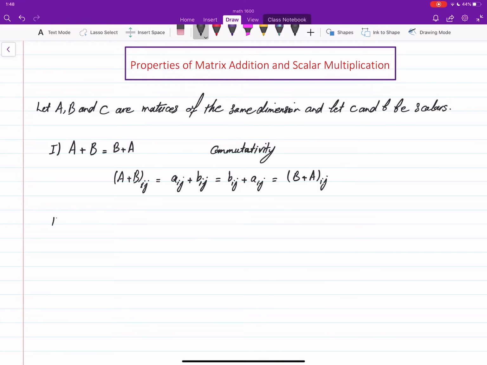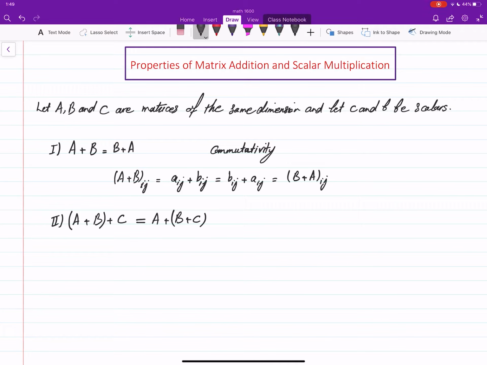So that's the first property, and then the second property is another thing that helps us to work with matrix addition very nicely. This says that if you have three matrices and you want to add them, one can start first adding two and then adding the result to the third one, or you can add the last two and then add the result to A, the first one.